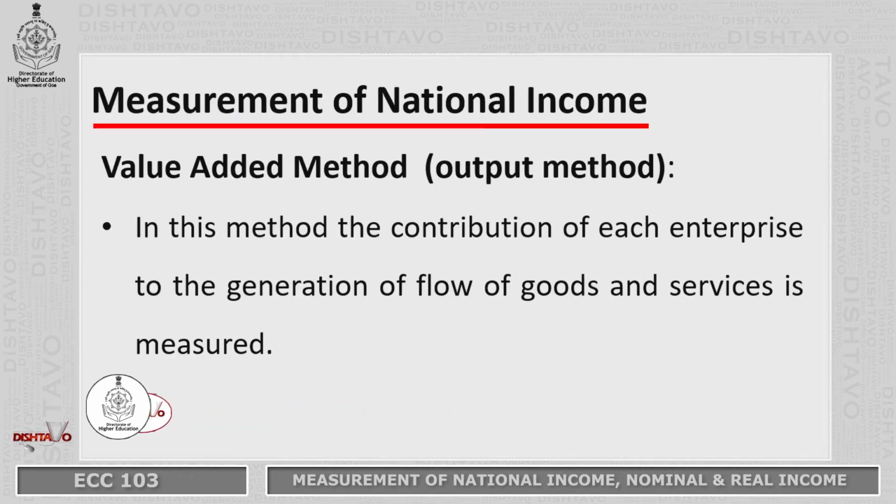My first topic, what I am going to deal with, is measurements of national income. The first one is the value added method, which is also called the product method or even output method. In this method, the contribution of each enterprise to the generation of the flow of goods and services is taken into consideration.